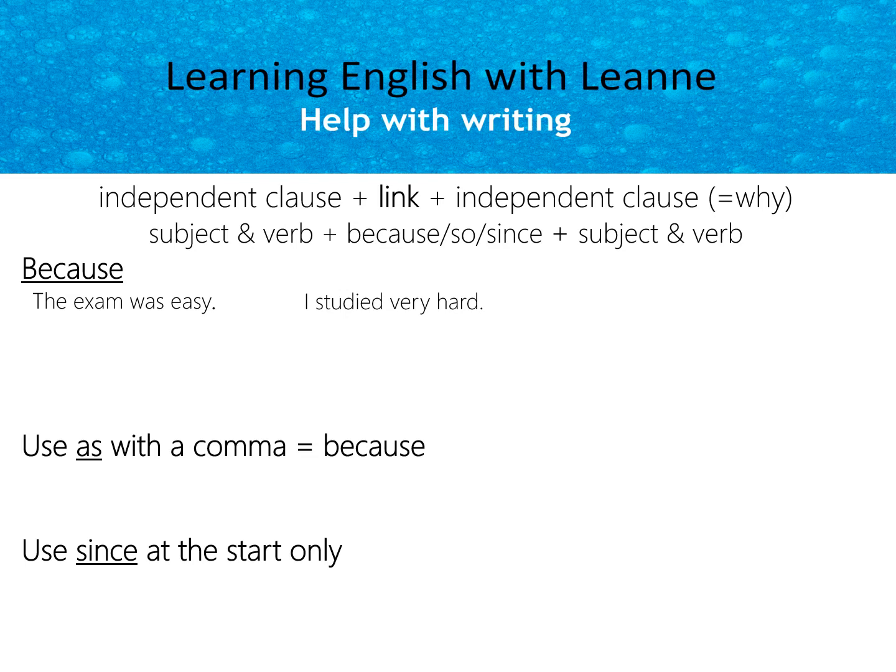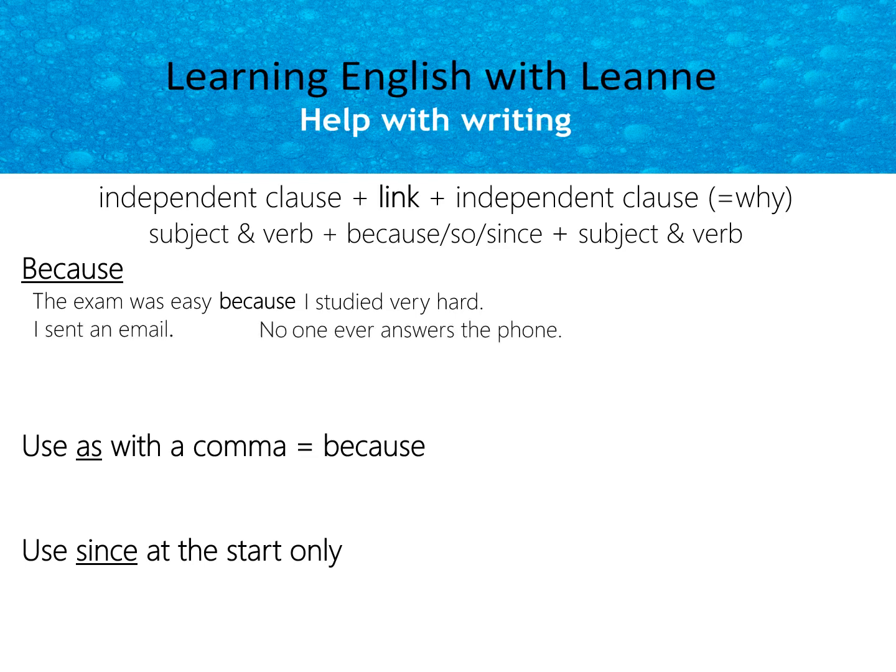But to write better, we need to write some compound sentences, putting these two things together. So what we're going to do is take away the full stop and use because. The exam was easy because, meaning why? Why was it easy? Because I studied very hard. So now we have a good compound sentence.